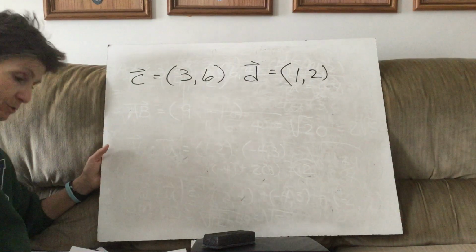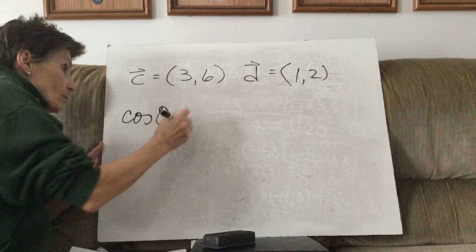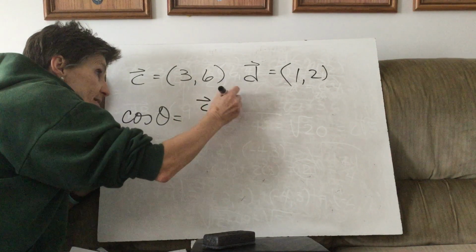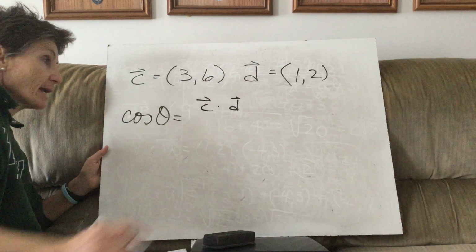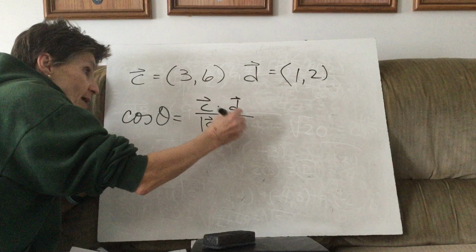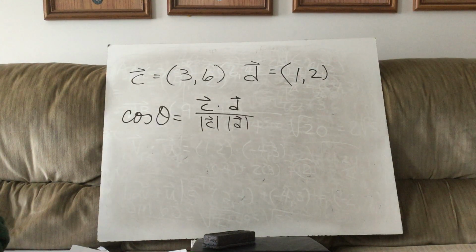Okay, so here's what we're going to do. We're going to remember our formula. The cosine of the angle equals the dot product, and I'll use C and D because that's the letters that I have, divided by the magnitudes times each other. That's our little formula to find the angle between 2 vectors.